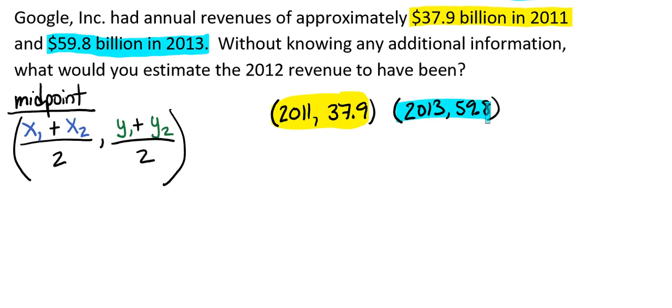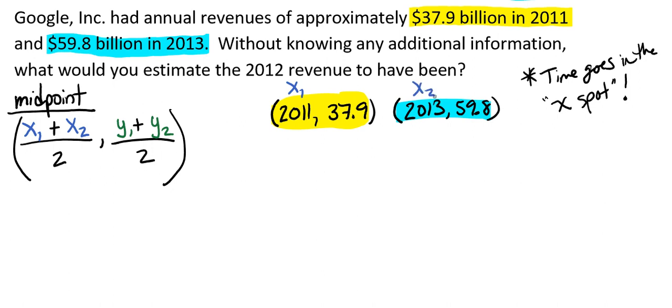Remember, we put time in the x. So now we have two ordered pairs that we can use to plug into our midpoint formula, where 2011 is our x1 and 2013 is our x2 and 37.9 is our y1 and 59.8 is our y2.